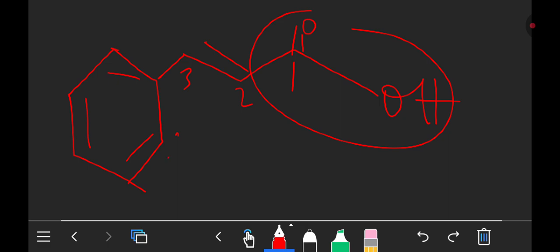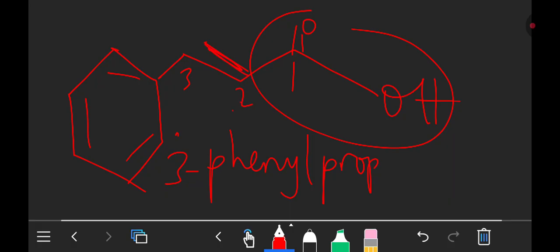So we need to indicate the position. It will be 3-phenyl. We've counted how many carbons, 1, 2, 3. So this is the propanoic acid, right? So 3-phenyl propanoic. But we have a double bond there at carbon number 2.